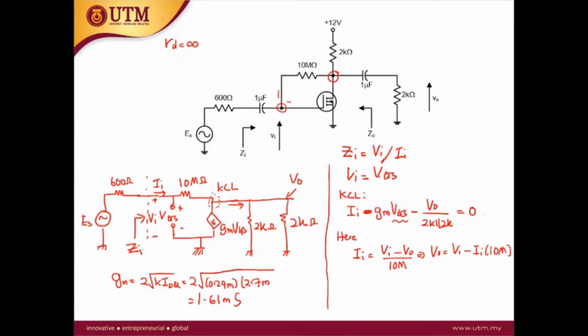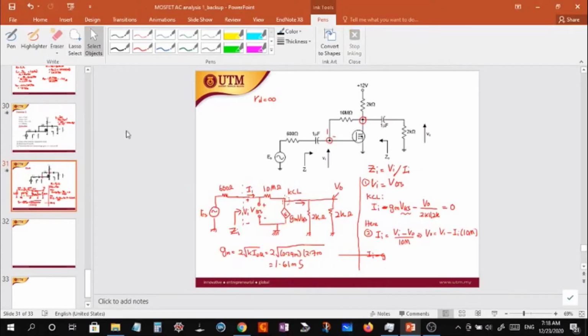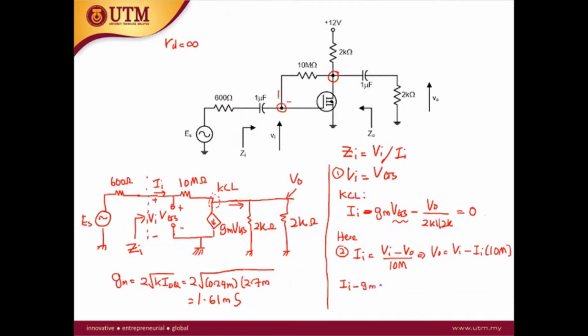From the first equation and the second equation, you can rewrite the KCL as II minus GM VI, because VGS is equal to VI, and then minus V out, which is VI minus II 10 mega, over 2K parallel with 2K, which is 1K, equal to 0.